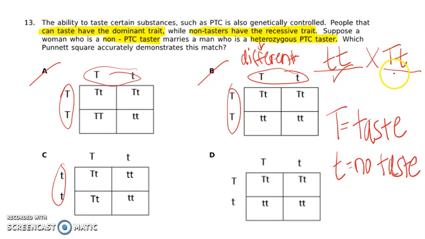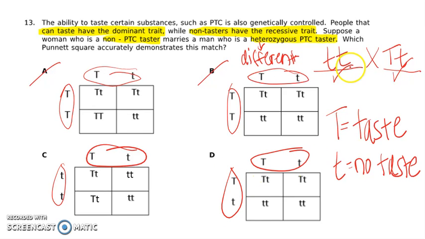And then the man, remember, was a heterozygote, which is also right here. And then D does not have that heterozygous parent we were looking for, which means it cannot be the correct answer. C was correct.